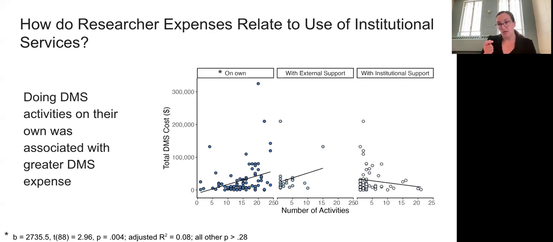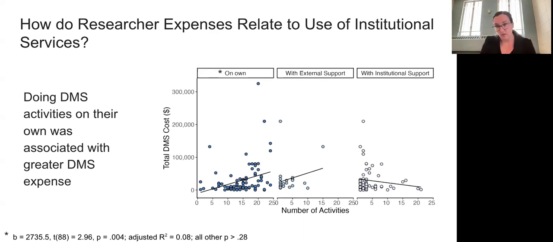Did you do it with institutional support, which means you went to some of these offices that we talked to and you got consultation from a librarian on your data management plan, or you talked with your IT office on the best places to be securing your research data, or to a librarian or archivist about where to put your data for sharing, which repository to use.